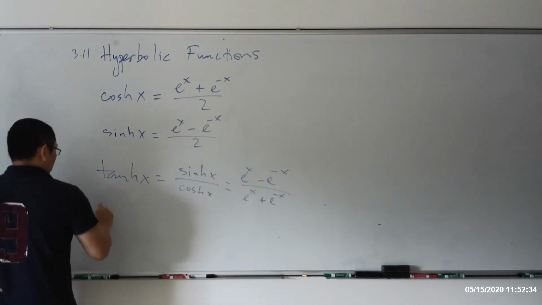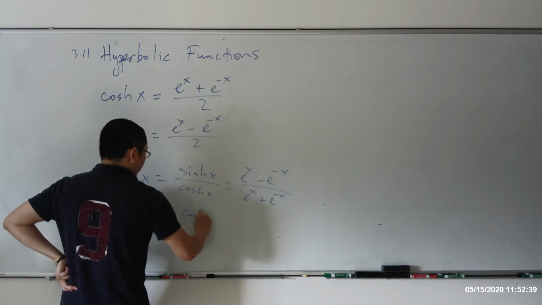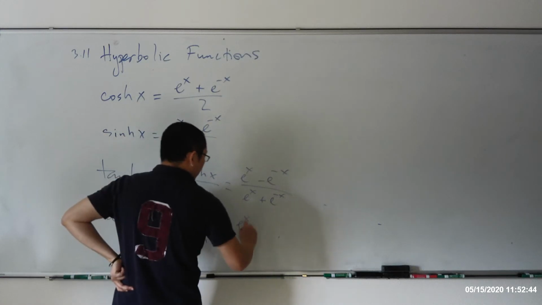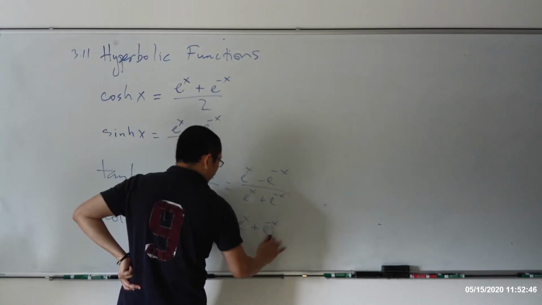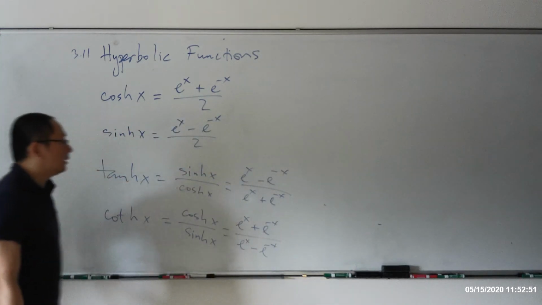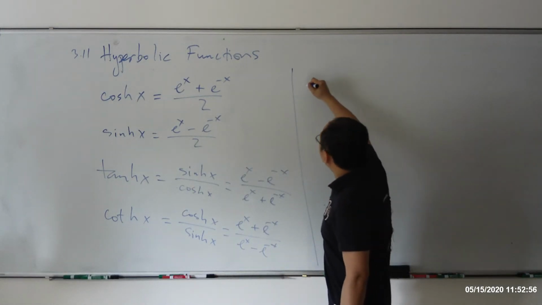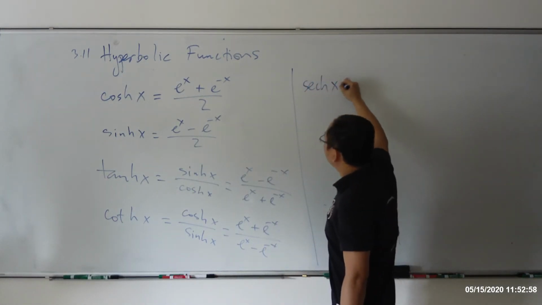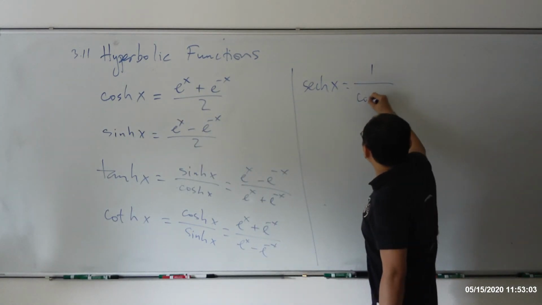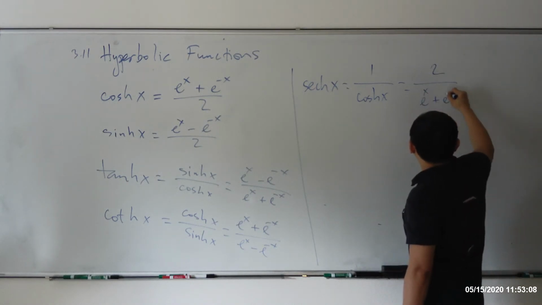And similarly, hyperbolic cotangent of x is cosine over sine, hyperbolic of course, e to the x plus e to the negative x over e to the x minus e to the negative x. Okay? And I think we have two more trig functions in here. Hyperbolic secant of x: secant is the reciprocal of cosine, so 1 over cosine, which is 2 over e to the x plus e to the negative x.